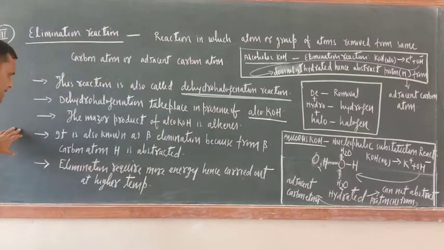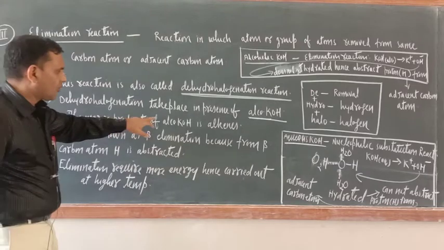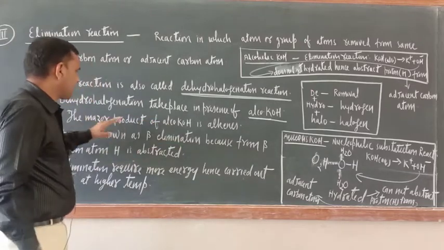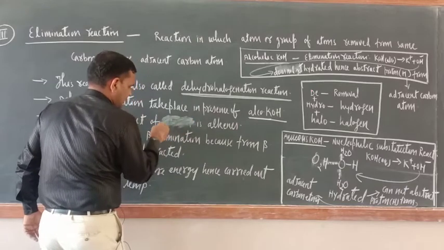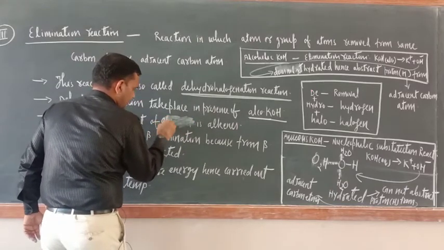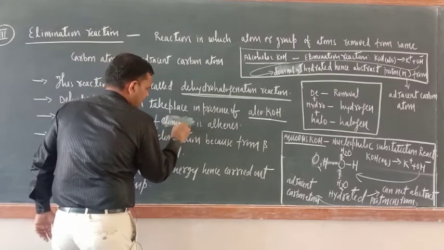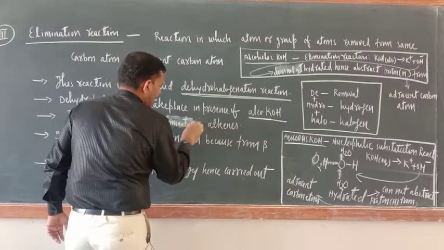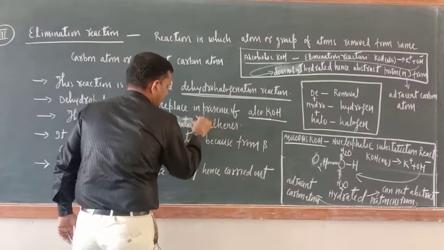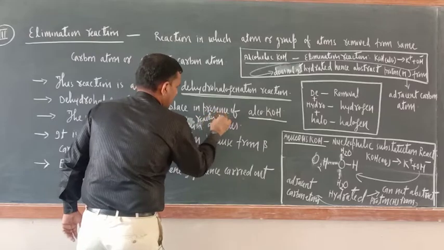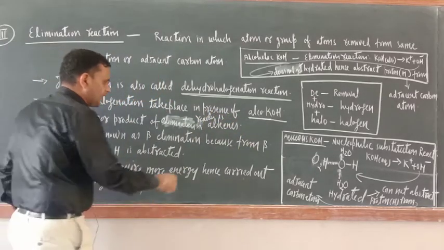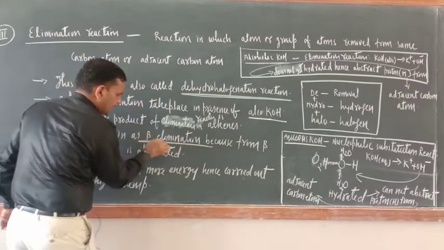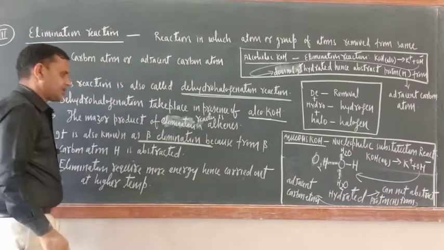Next one is the major product. Write down here, the major product of elimination reaction is alkene. It is also known as beta elimination. What is the name of this one? Beta elimination.